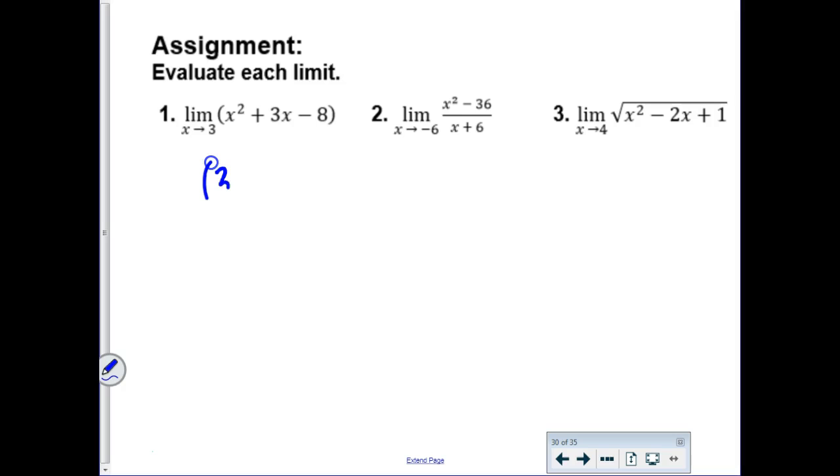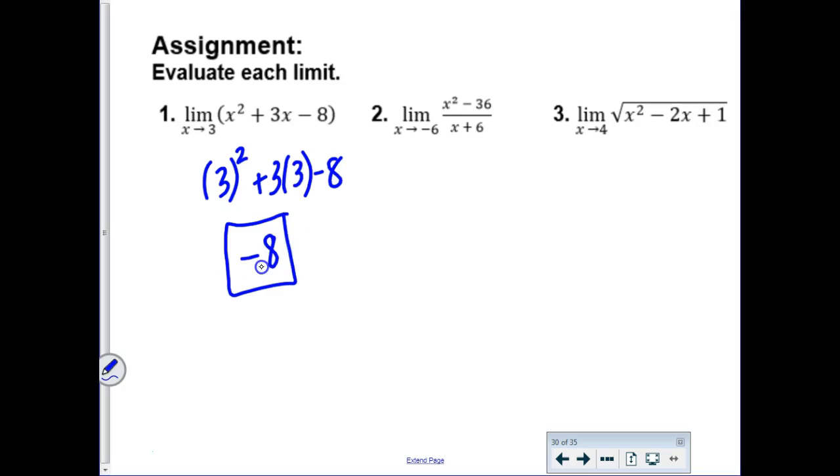Yeah, we can. All right, so 3 squared plus 3 times 3 minus 8. So it's 9 plus 9, that's 18, minus 8 is 10. I'm just magically creating negative signs where they don't exist. Clearly it's 10.